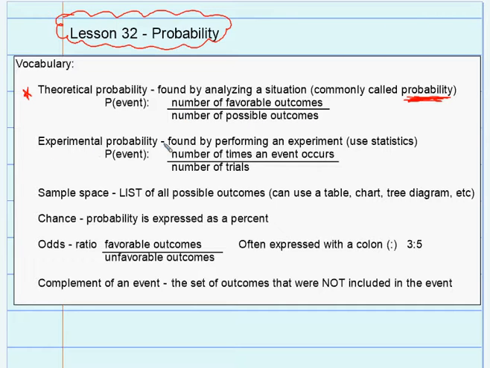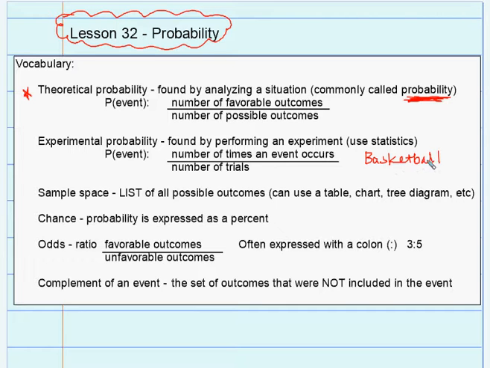Experimental probability is found by performing an experiment, or we're using statistics. And that formula is the probability of the event is the number of times an event occurs over the number of trials. You can think of this as like basketball maybe.